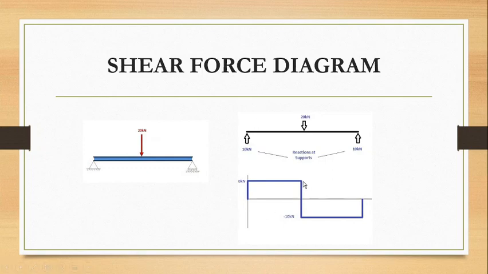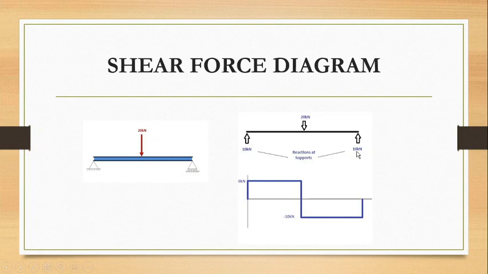So from 10 till 0 is 10 kilonewton, and then 0 to minus 10 kilonewton makes a total of 20 kilonewton. Now this 20 kilonewton force is constant from this point till this support. So this force of 20 kilonewton, which is actually minus 10 kilonewton on the graph, remains constant like a straight line here till we reach the other support of the beam.